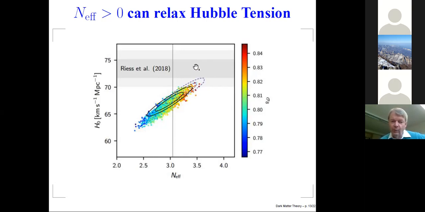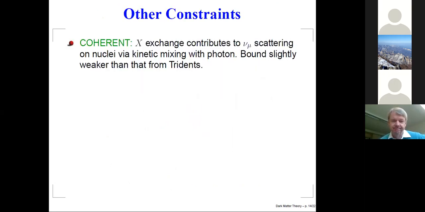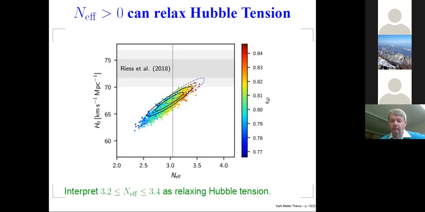You don't get all the way to the value of 71 or 72 preferred by the direct measurements, but at least you can get to 70 or so, thereby relaxing it from 4 sigma to 2 sigma or something like that. So we will interpret here N effective values between 3.2 and 3.4 as contributing significantly to relaxing the Hubble tension. Sorry, that's kind of a pet peeve of mine.